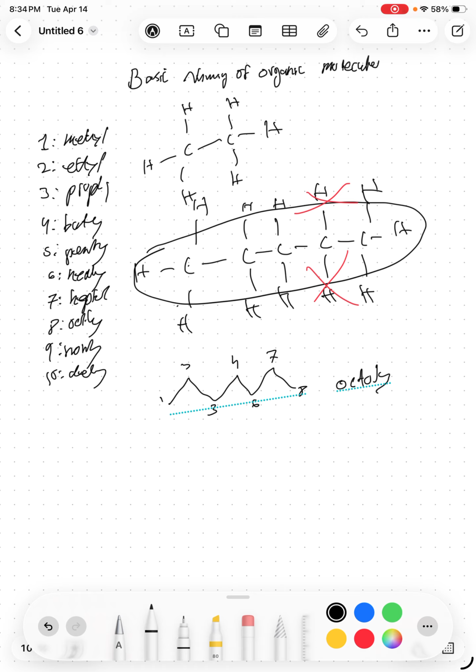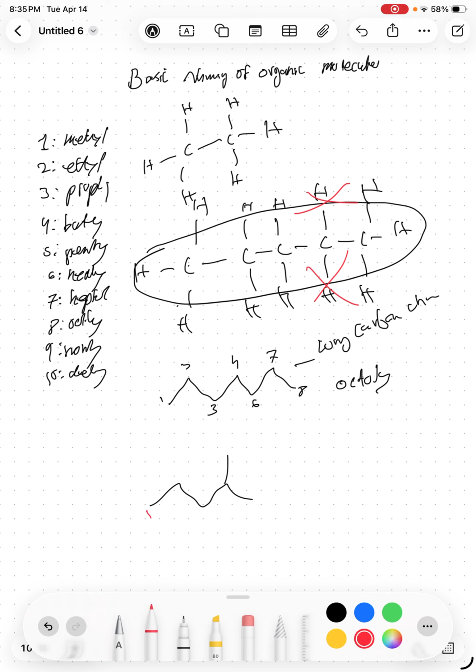Okay, what about if I put something like this? This is called the long carbon chain. Don't mind my handwriting, it's messy. I'm an organic major, so you can make sense of that. First, you have to find which one is the longest carbon chain.